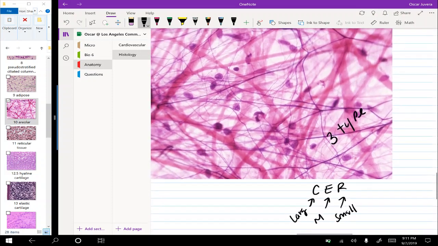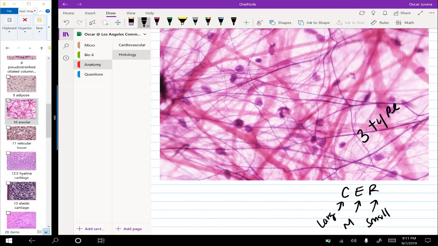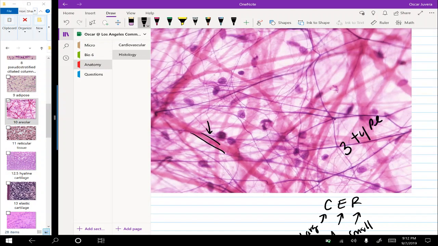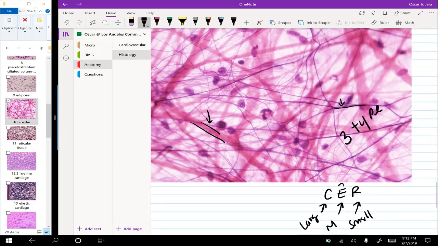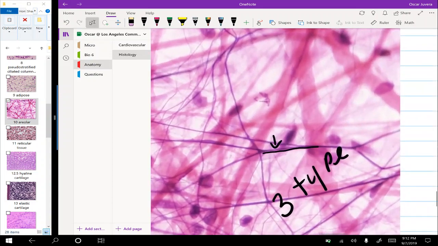So let's take a look. If I go ahead and outline this little guy for you, that's a collagen fiber right there. Now, if I ask you what this is, well, that's the medium, that would be the elastic fiber. But I hope you can see, I'm going to zoom in, do you see this right here?